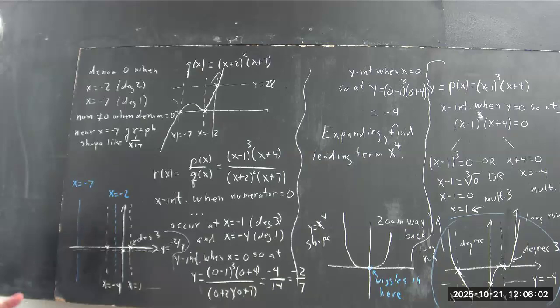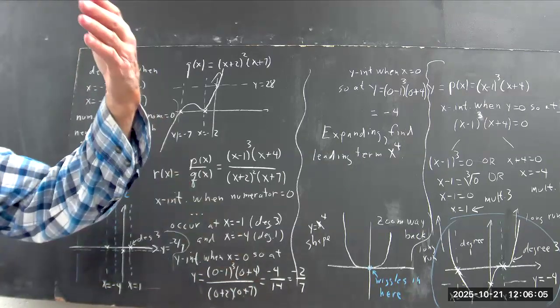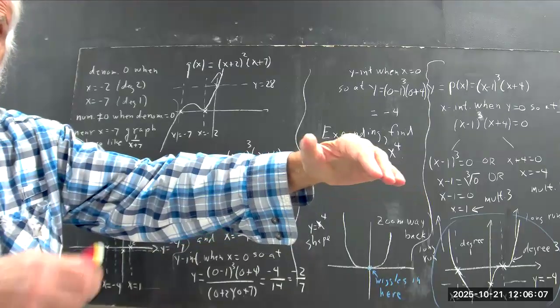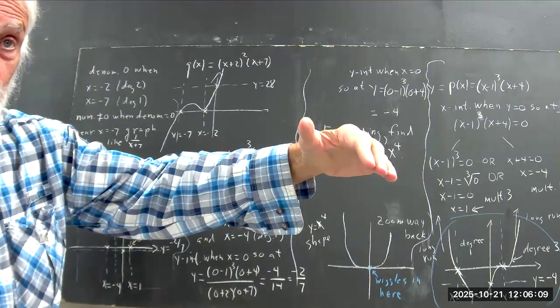Well, 1 over x is your basic reciprocal graph, positive in the first quadrant, negative in the third quadrant, right?